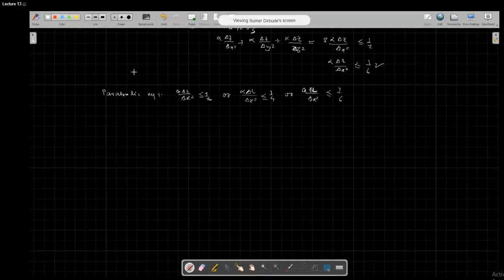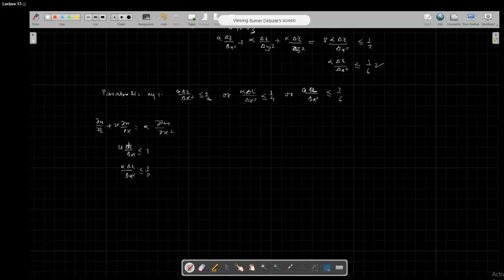So suppose we have an equation like this, del u by del t plus u del u by del x equals alpha del 2u by del x square. Then both conditions are there: u delta t by delta x should be less than or equal to 1, and alpha delta t by delta x square should be less than or equal to half.